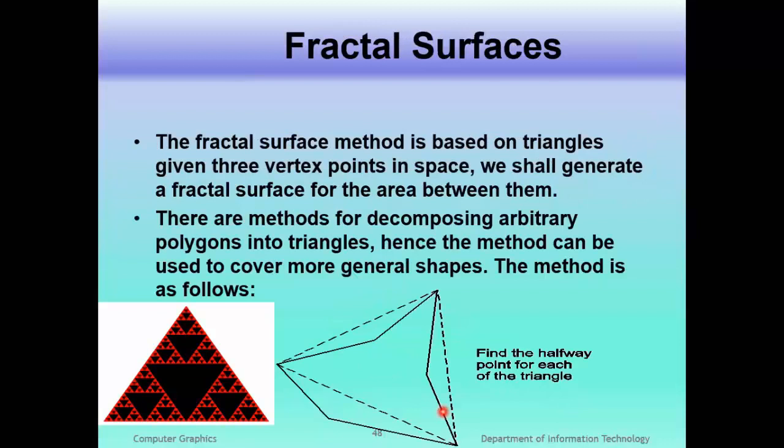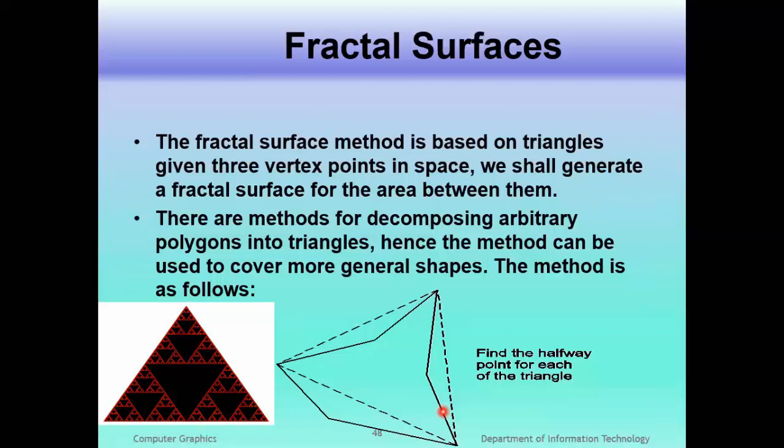Next, we are having fractal surface. We can draw a coastline or lightning bolt by fractal lines. But if we want to draw a 3D object like, say, a mountain, then we have to use fractal surfaces. The concept of fractal lines can be extended to generate fractal surfaces.